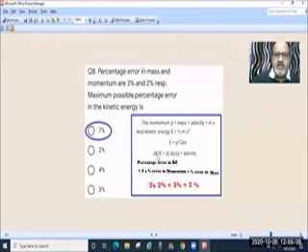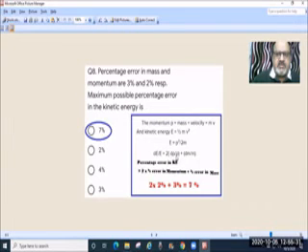Relative error is the same as percentage error, you just have to convert it into percentage. So we can write this in this way also: percentage error in kinetic energy is equal to 2 times the percentage error in momentum plus the percentage error in mass.